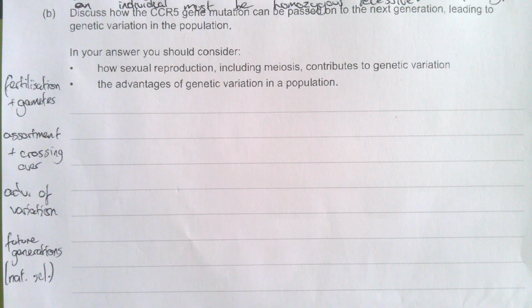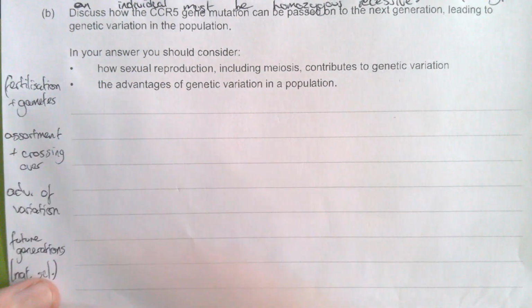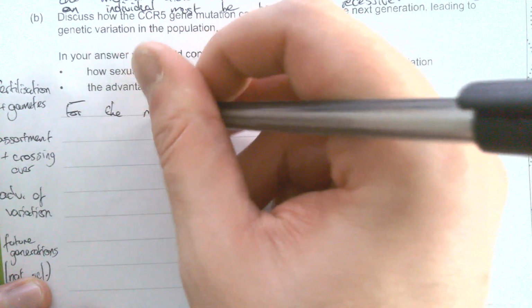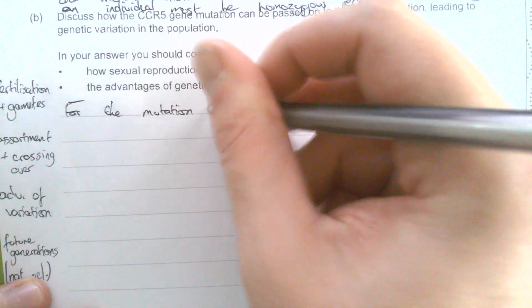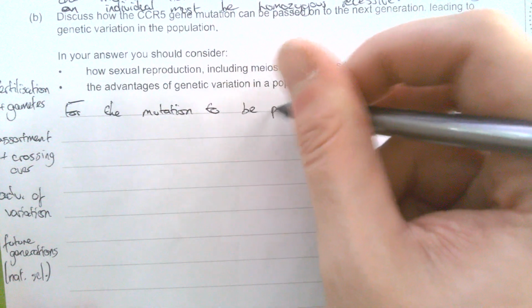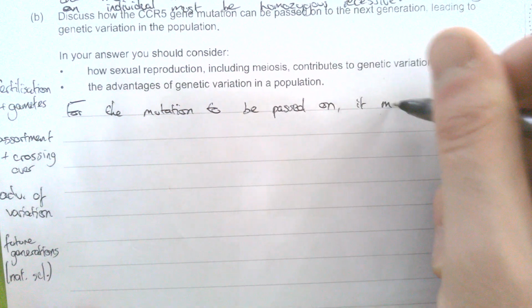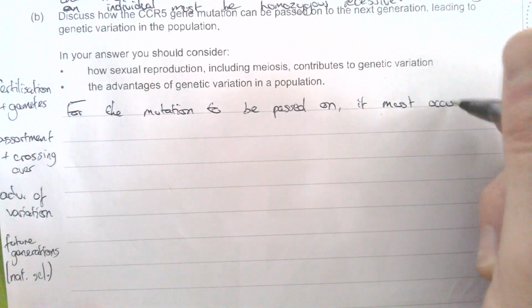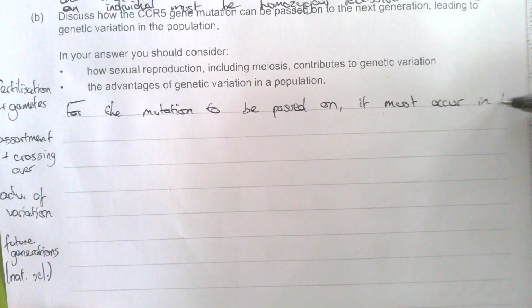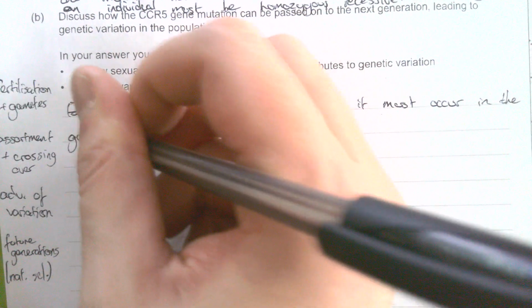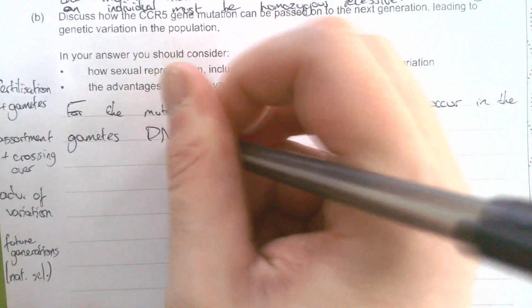So, first of all, with regards to the fertilization and gametes, for the mutation to be passed on, it must occur in the gametes' DNA.